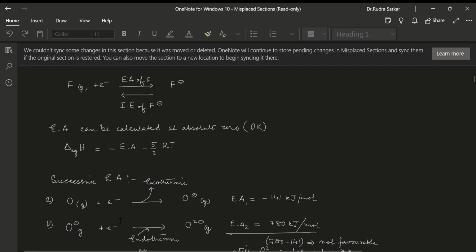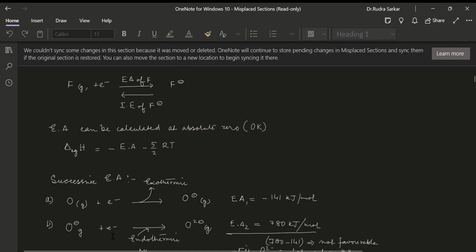So now, a standard question that comes in classical questions or GMAT, or maybe in the first semester of a BSc or BTech, is: if you add one electron to oxygen, this is the electron affinity.